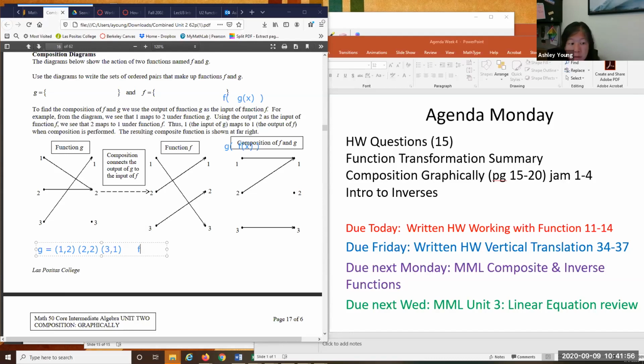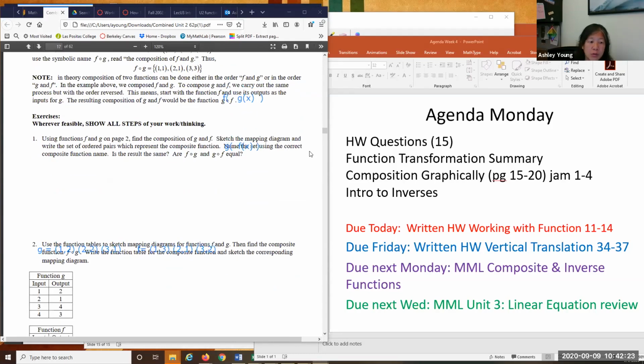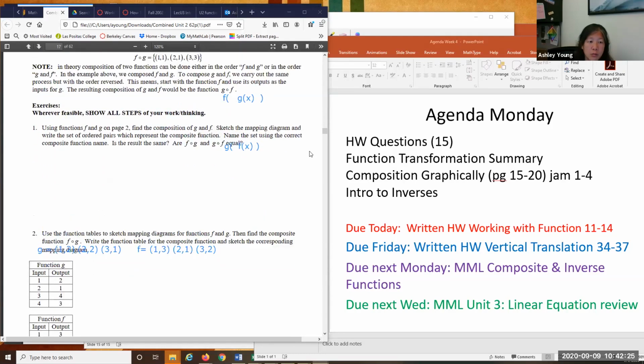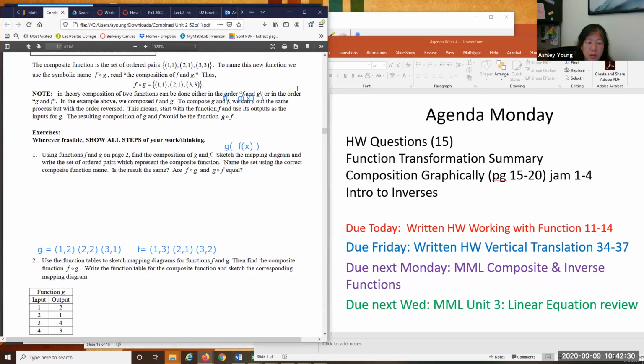F is: 1 goes to 3, 2 goes to 1, and 3 goes to 2. So those are my two functions. I'm just going to write them there so I have them when I scroll down.